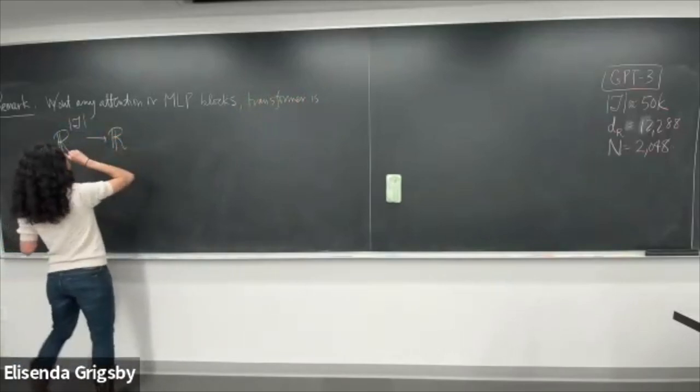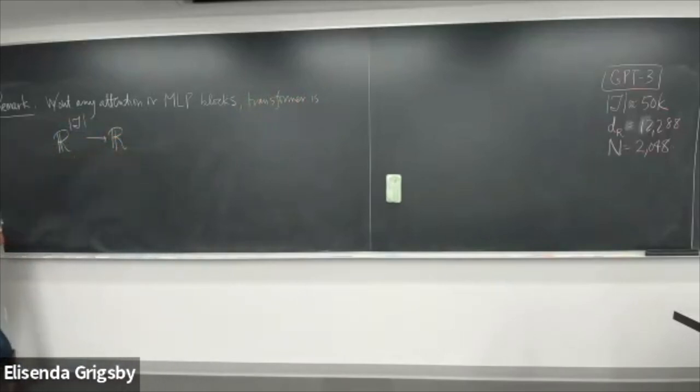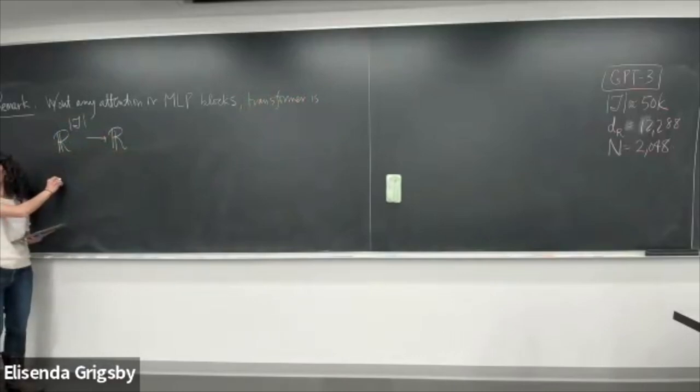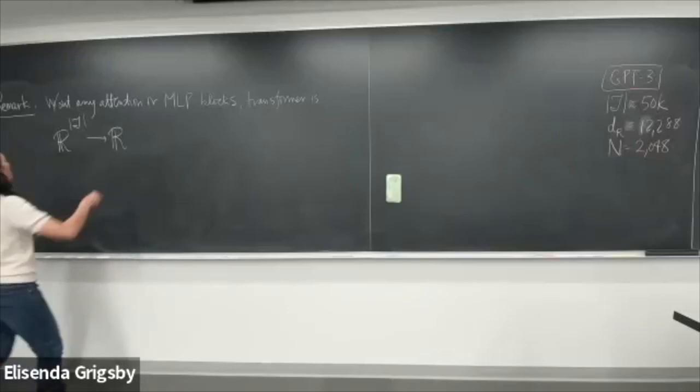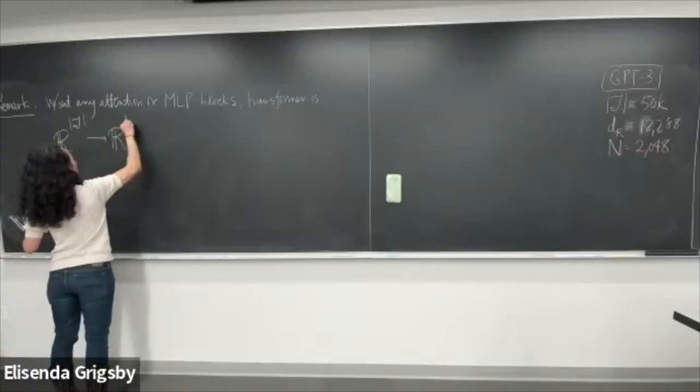And in fact, because of the thing that I said and didn't write down, this unembedding map only looks at the last element of the string. Really, you don't need the whole string, you just need that last element. My claim is that the only place where you use all the elements of the string is in the attention blocks and the MLP layers. The unembedding map never looks at the previous elements of the string. So this looks like this.